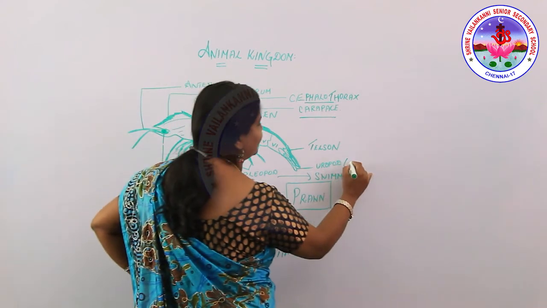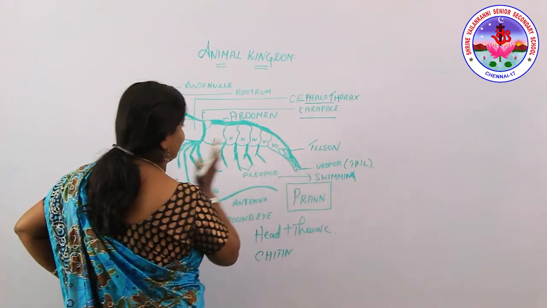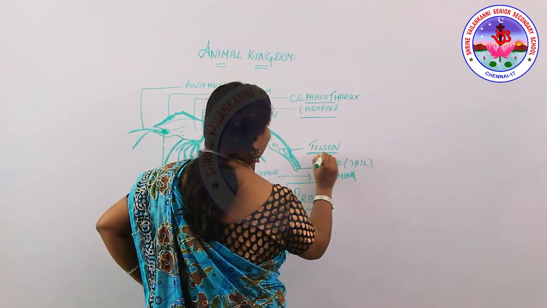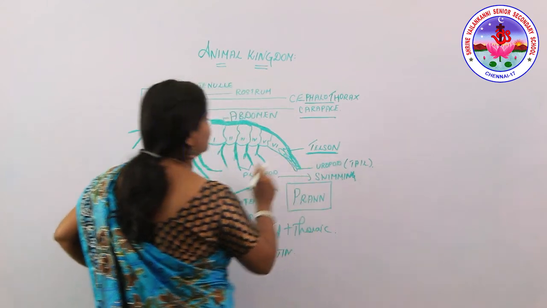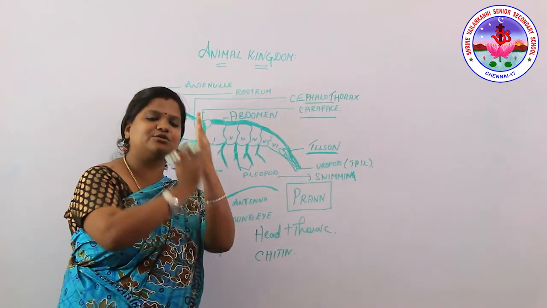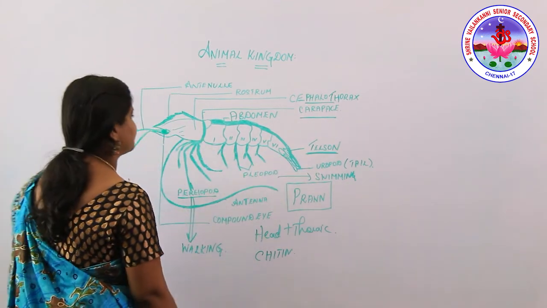In the 6th segment region there is another structure called the telson. This telson looks like when you fold your hands like this. This is the shape of this region.